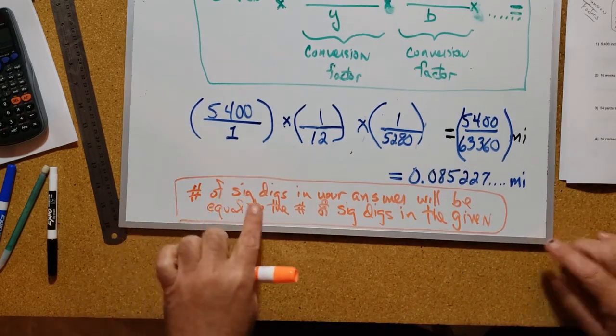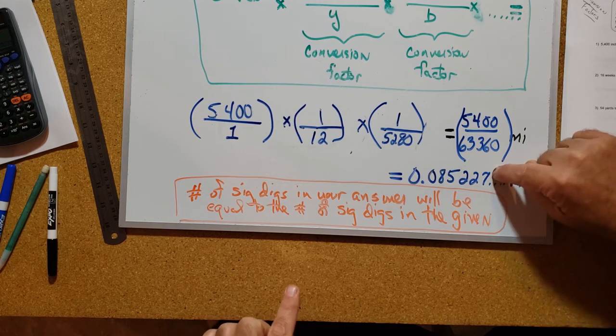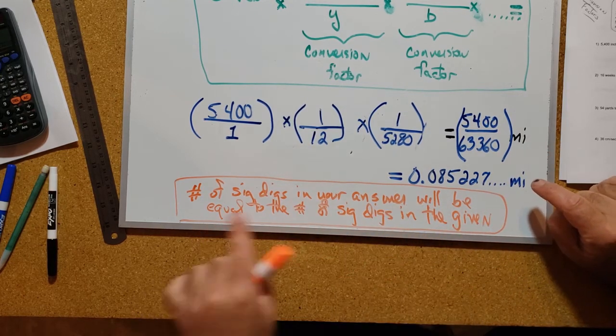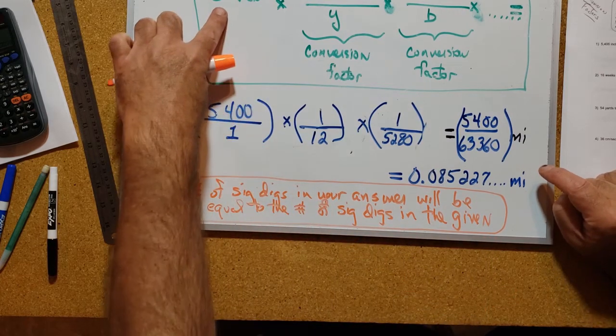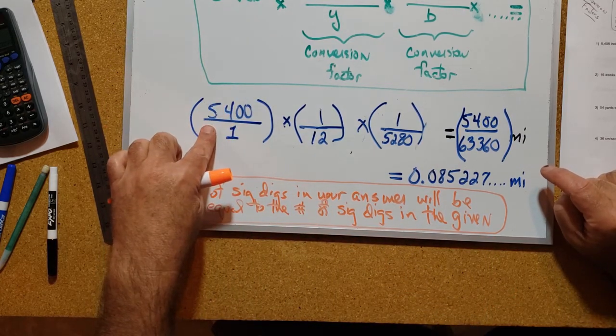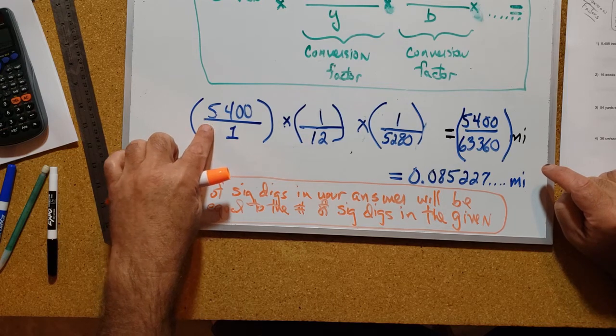The number of sig digs in your answer, this number right here, will be equal to the number of sig digs in the given. Remember, the given is the bit of information that you're presented with in the problem.